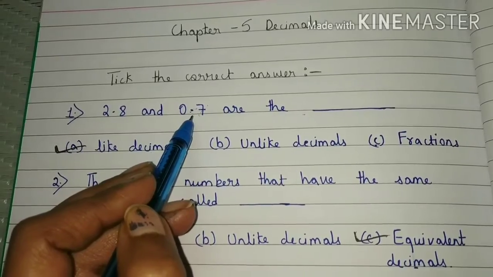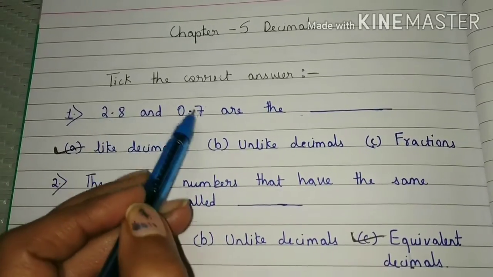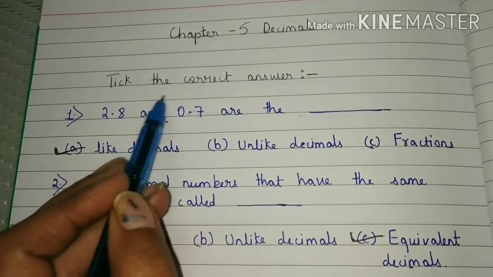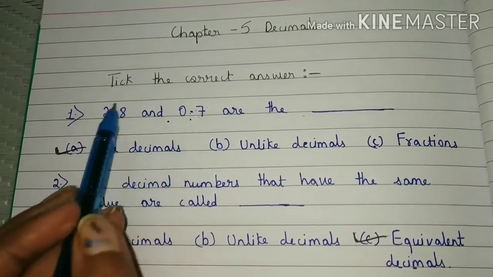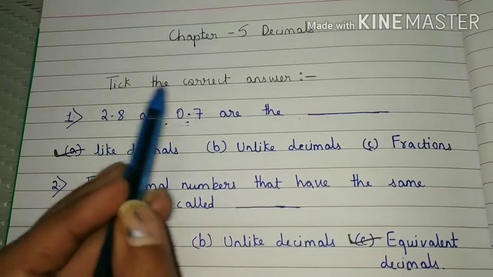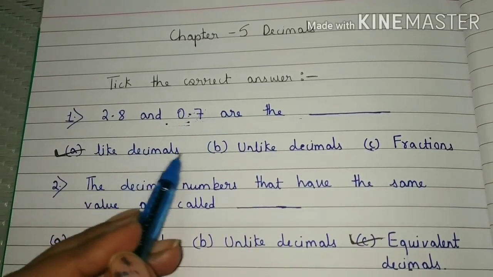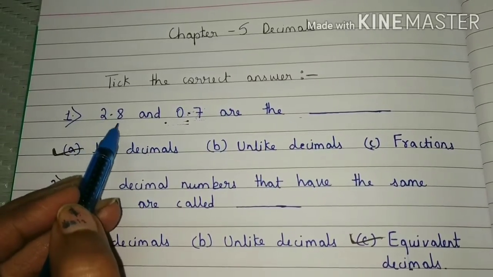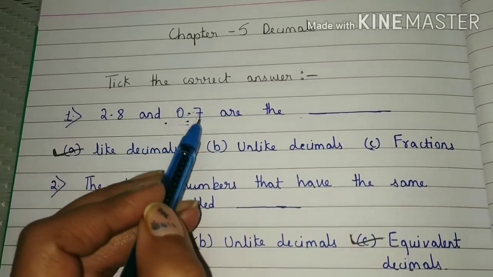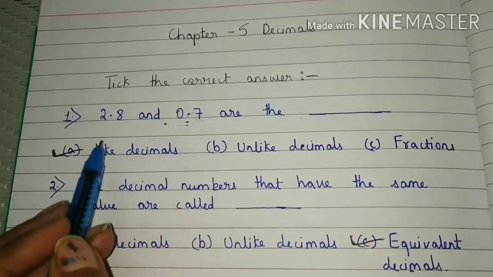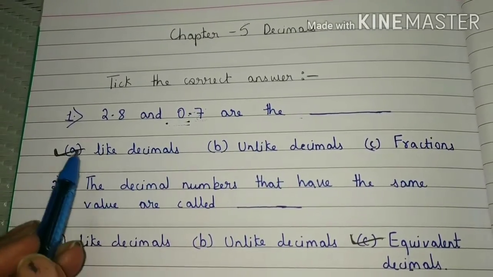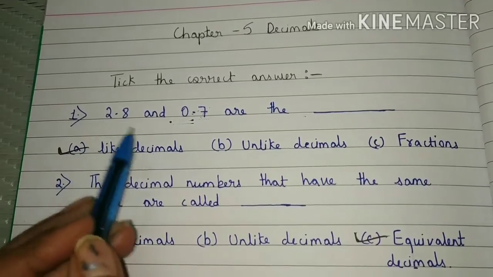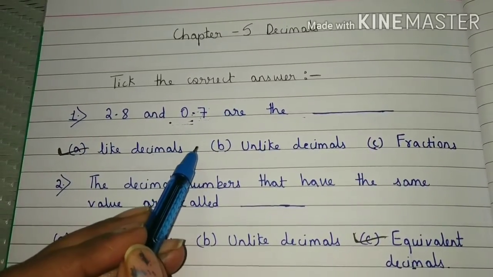So both these decimal numbers have the same number of decimal place. So this type of decimals are the like decimals. So 2.8 and 0.7 are the like decimals. So option A, like decimals is the correct answer.